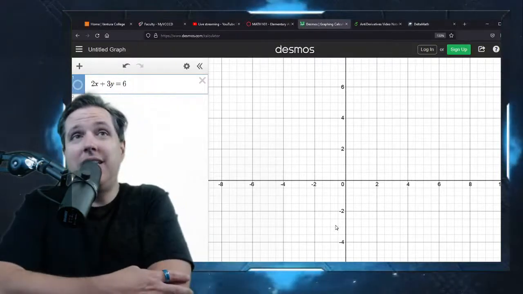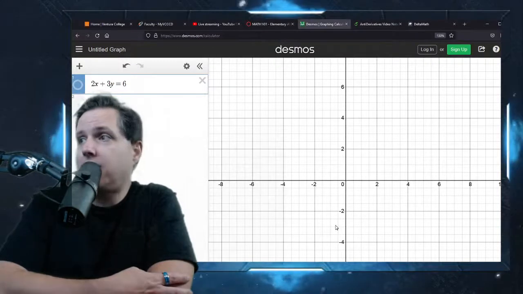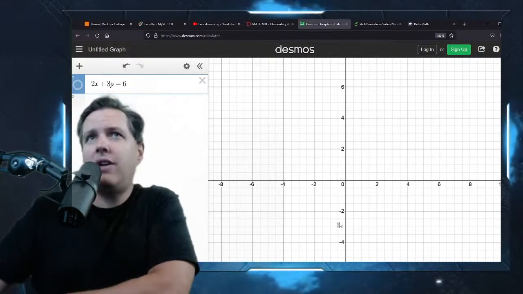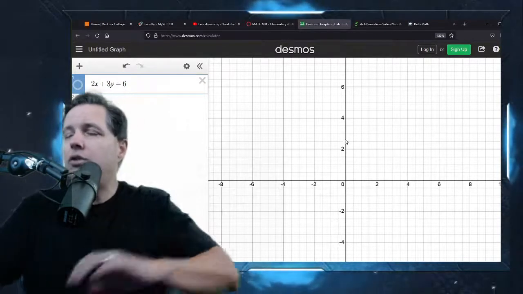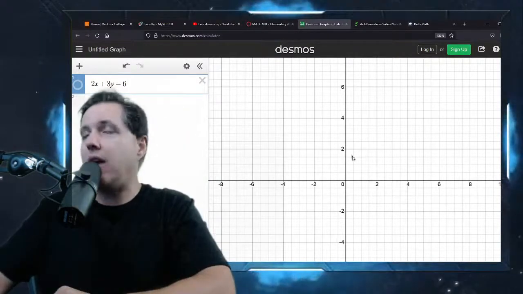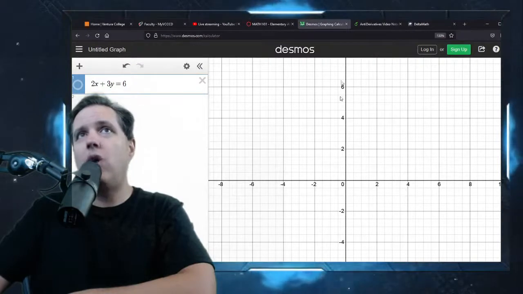Sometimes you might have completely different variables in your equation, like revenue and cost. In that case, you might have R and C as your variables, and then you'd have to figure out, maybe my revenue is horizontal and my cost is vertical. That's kind of down the road. For now, we're mostly going to be dealing with x and y when we're graphing, so you should just think x is horizontal, y is vertical.